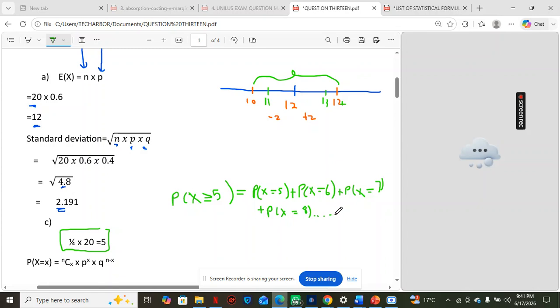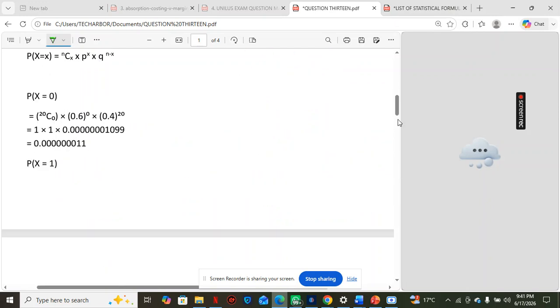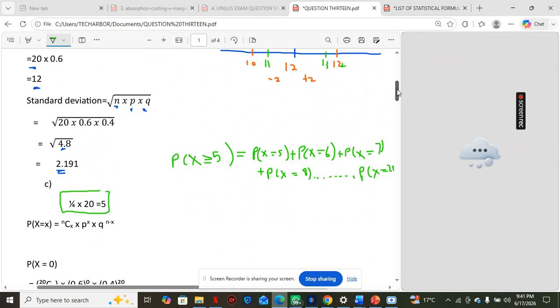Okay, you need to find all these probabilities until you reach the probability that 20 students prefer working in the banking industry. Now, colleagues, that would be a lot of time, to find all these probabilities from 5 up to 20.